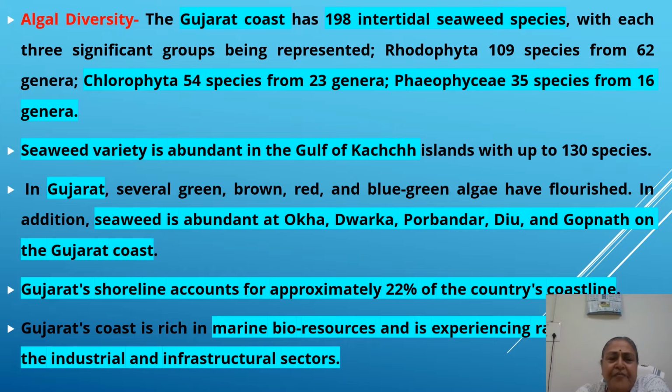Then seaweed variety is abundant in the Gulf of Kutch, with up to 130 algal species. In Gujarat, several green, brown, red and blue-green algae, maybe micro, have flourished well, and in addition, the seaweed is abundant at the coast of Okha, Dwarka, Porbandar, Diu and Gopnath area on the Gujarat coast.